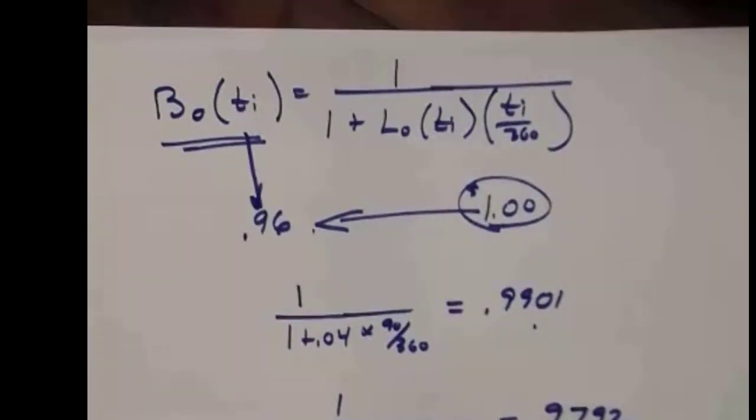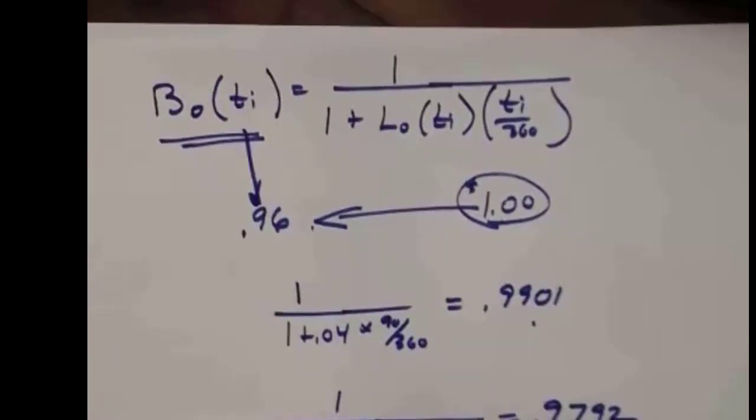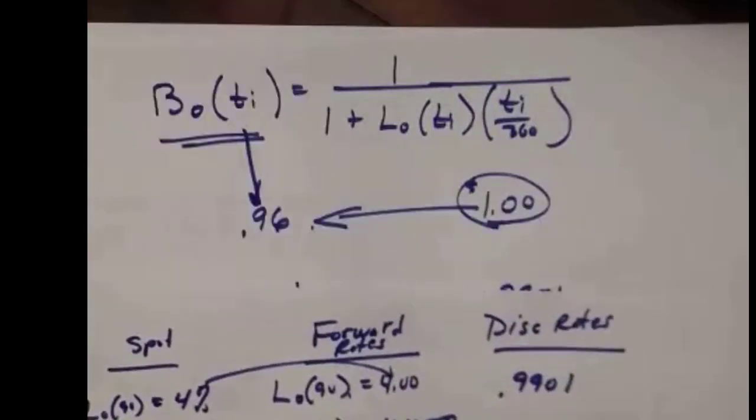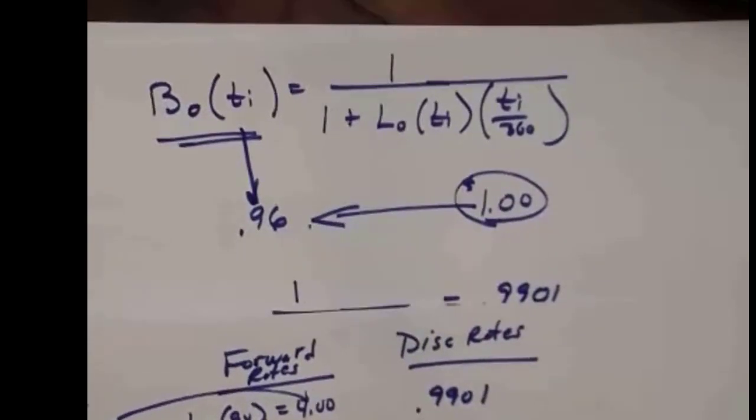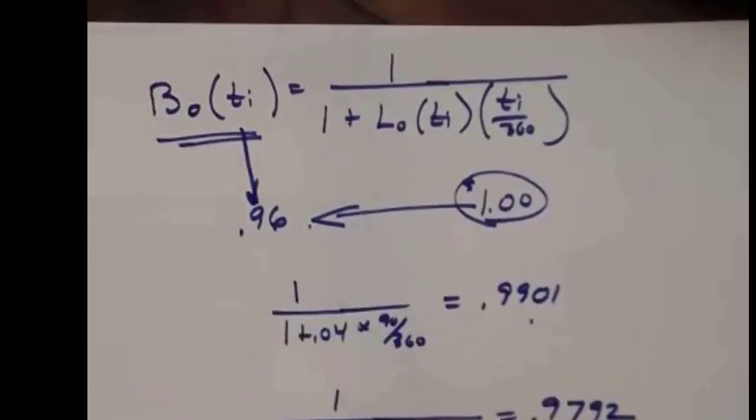So we would spend almost 98 cents, right? If we spent 98 cents today, in 6 months we'll get $1 because we earned a rate of 4 1/4%. Okay? And then you have to adjust it for the quarterly basis. So now this number is 0.9792. And you notice the discount rates are falling, which makes sense.